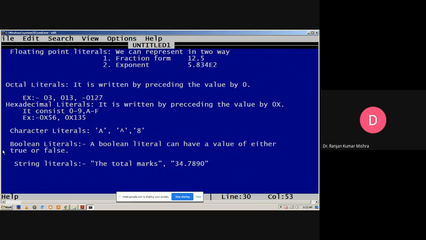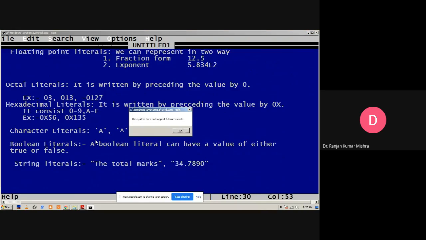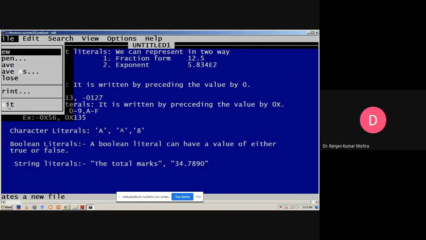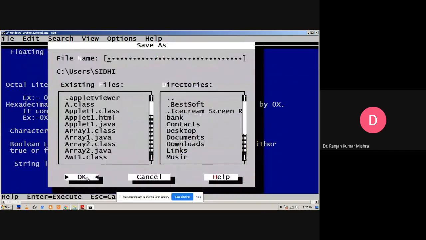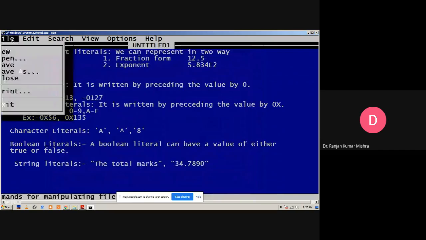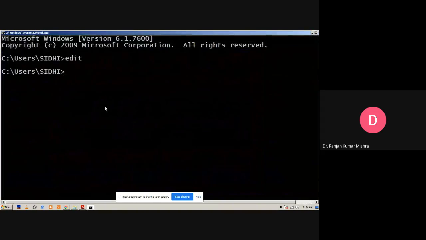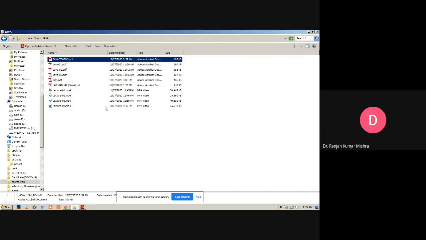Now we discuss the different tokens, that is, the operators. We already discussed identifiers, keywords, and literals, which are constants.